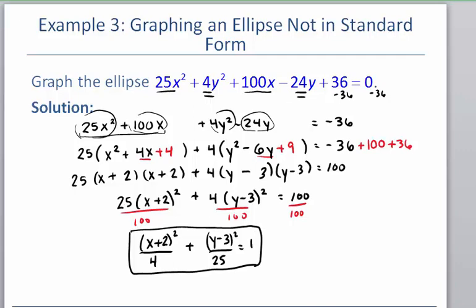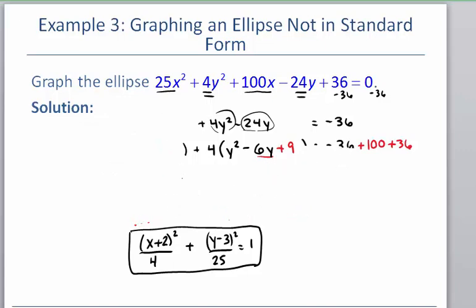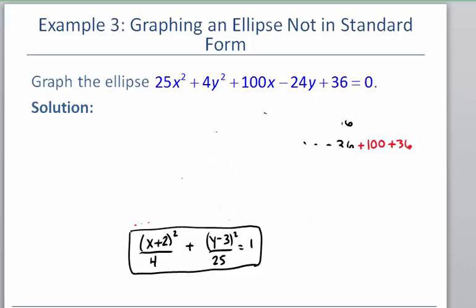Now we're ready to start thinking about graphing this ellipse. So let's consider what we know about the ellipse that we have. I'm going to erase all of this to give us some room. Let's go ahead and think about the center. All right, what is the center for our ellipse?